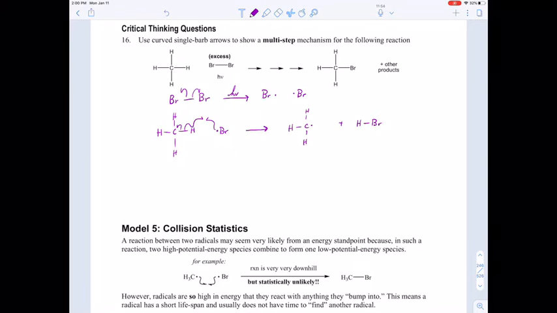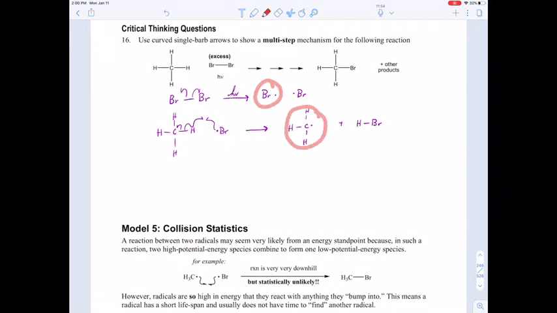Okay, so now something can happen. We've used up one of our bromines, but look here. Now we have a new radical reaction. So, for the sake of argument, let's say this new radical comes in here and encounters a bromine.